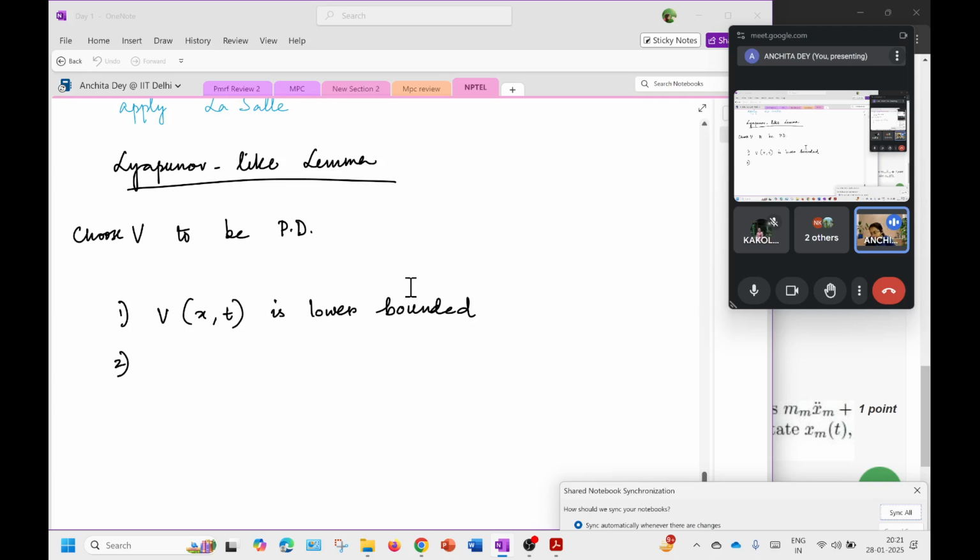Next, your V dot should be less than or equal to 0, and then your V dot is uniformly continuous.